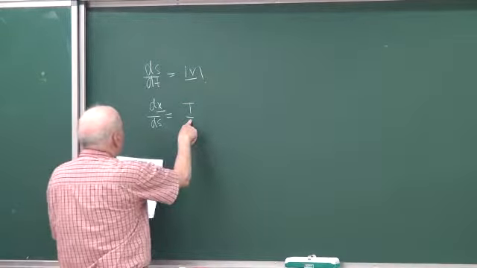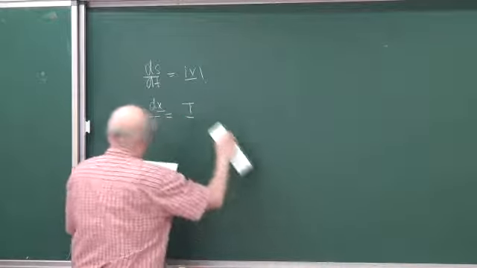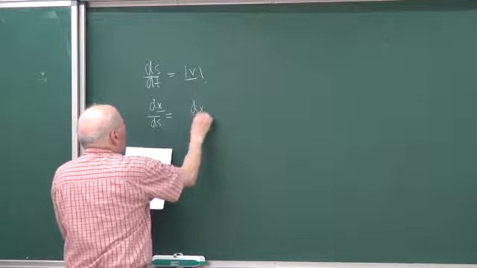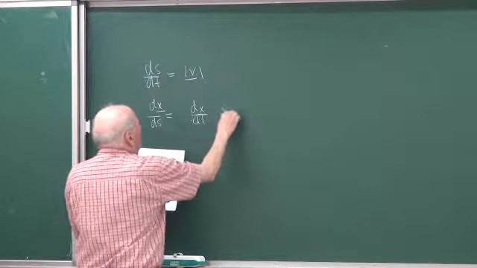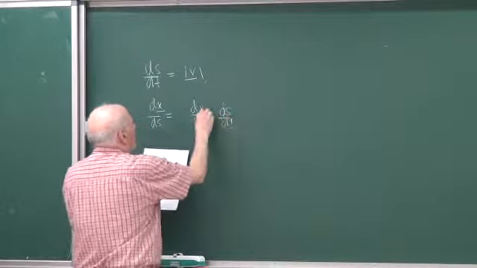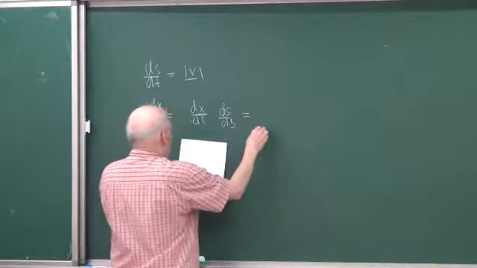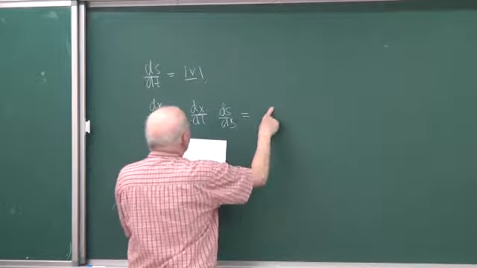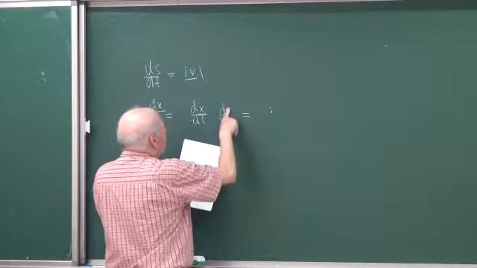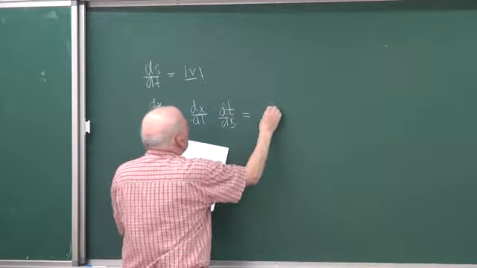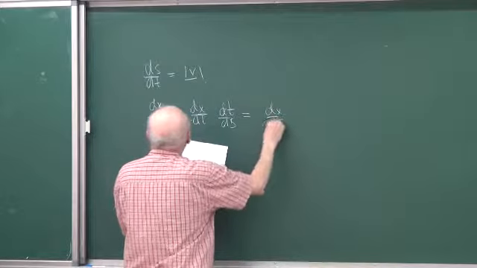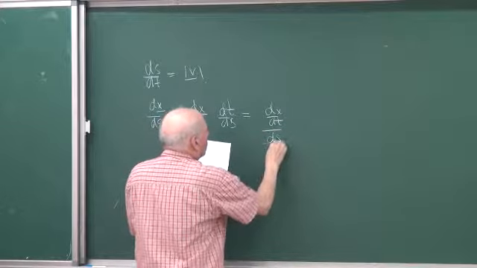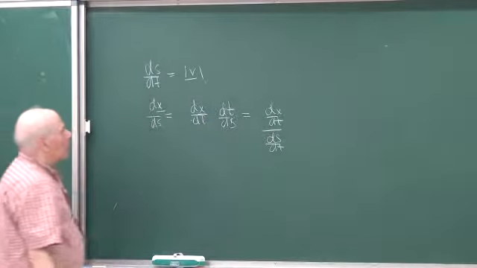Did I do this? The dx/ds is the dx/dt times the dt/ds, which is the dx/dt over the ds/dt.